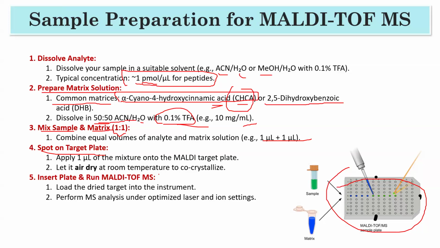When the solvent evaporates, your sample and matrix remain without solvent and start to co-crystallize. That's good, because your sample and matrix are together, so if you use your laser to excite the matrix molecules, your sample will be easily ionized. Then you just insert your plate and run it on this instrument.